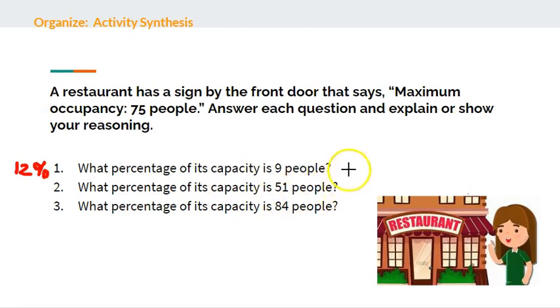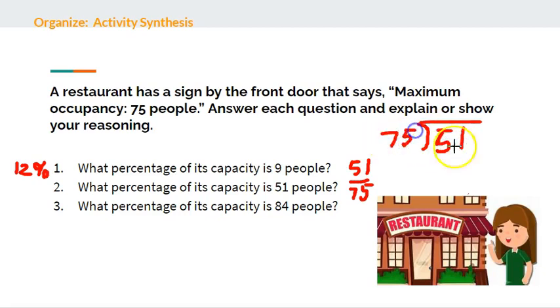What about for 51 people? We have 51 out of 75. Again, we need to divide it out. Oops, I almost made the mistake of always putting the larger number inside. We're in 6th grade, we don't always have to do that. All right, 75 won't go into 51.